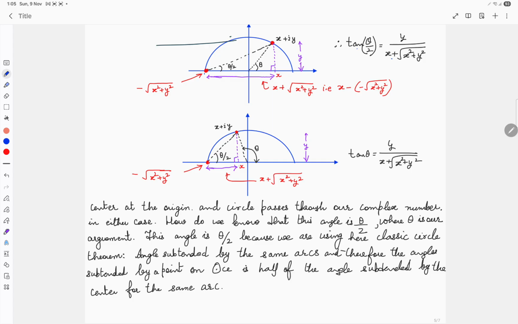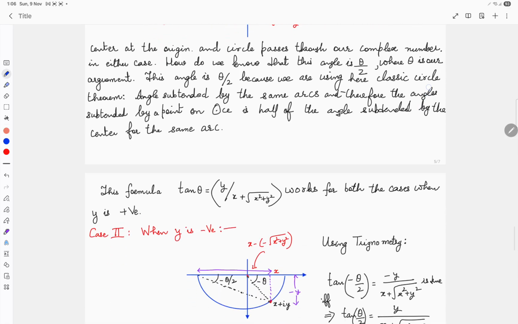Now the x will be the coordinate here, and the distance between the two is again x plus under root of x square plus y square. So this function again solves the problem in the second quadrant, which is tangent theta by 2 equals y over x plus under root of x square plus y square, right?